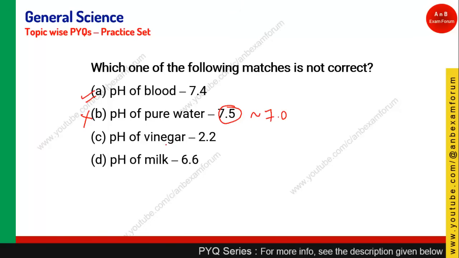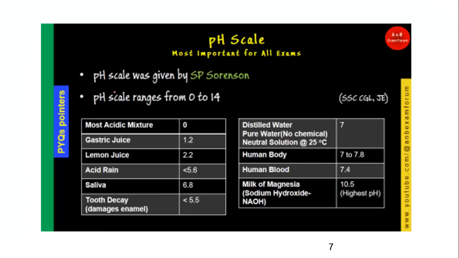Vinegar, as you know, is acetic acid, so it is 2.2. Okay, pH of milk is borderline between 6 and 7, so it is also right. So option B is incorrectly matched. And we have seen the various pH values of different items, and this scale was given by SP Sorensen, and pH ranges from 0 to 14, as I told you earlier.